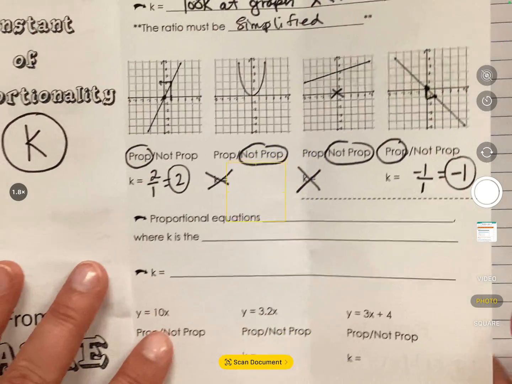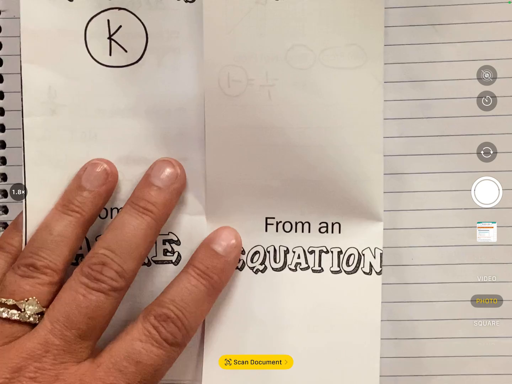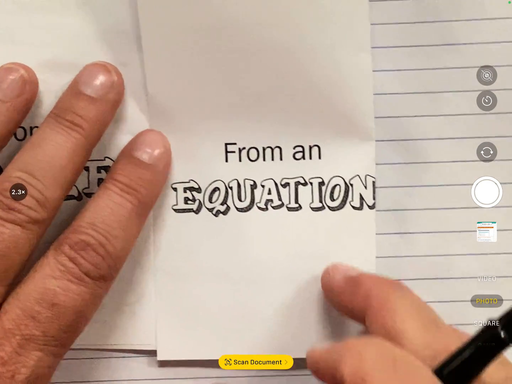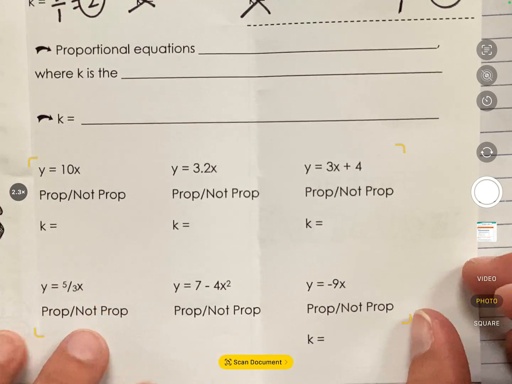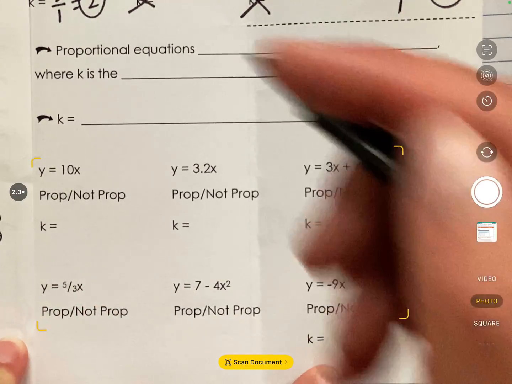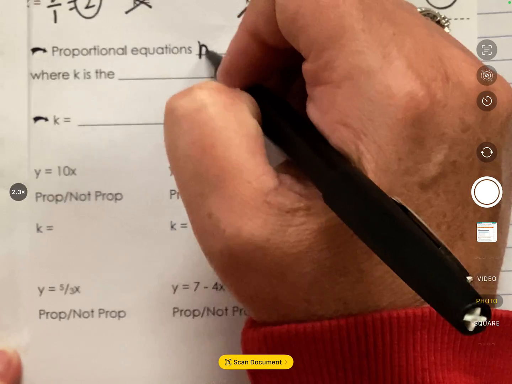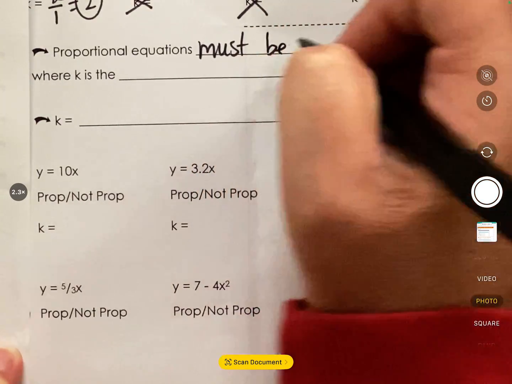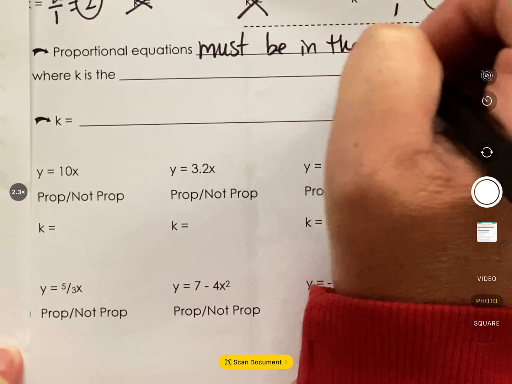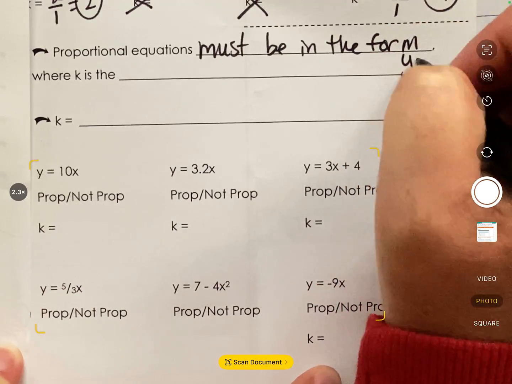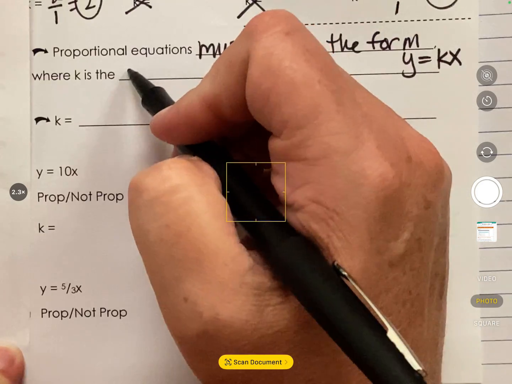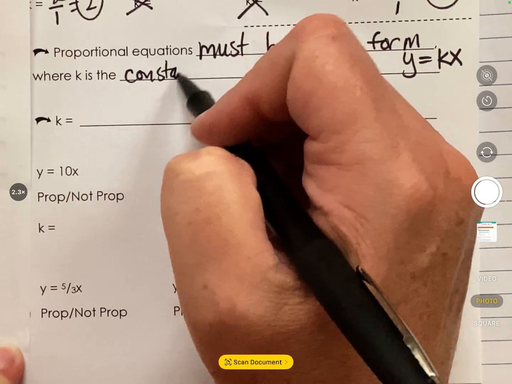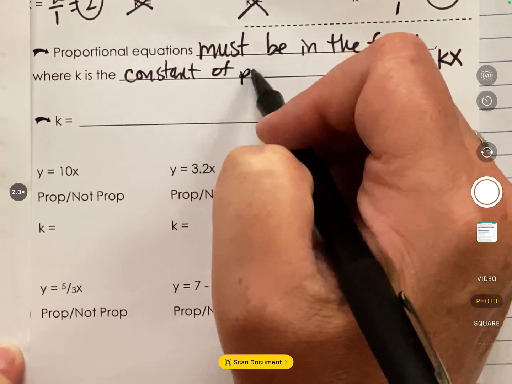All right, we are to the last one, which is today's lesson, from an equation. So open it back up and look at from an equation. Proportional equations must be in the form y equals kx, where k is called the constant of proportionality.